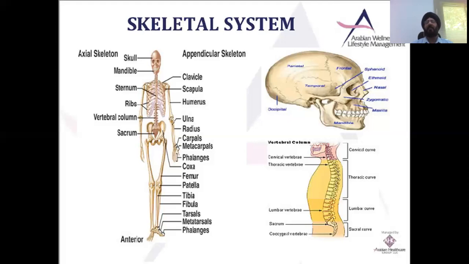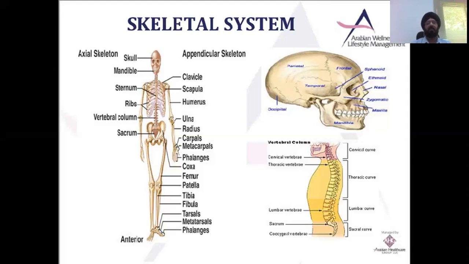It has 5 lumbar vertebrae. Then comes sacral. Sacral is the base of the body. There are 5 sacral vertebrae which are fused into one. And at last, 4 rudimentary bones known as coccyx. Other name for coccyx is the tailbone.